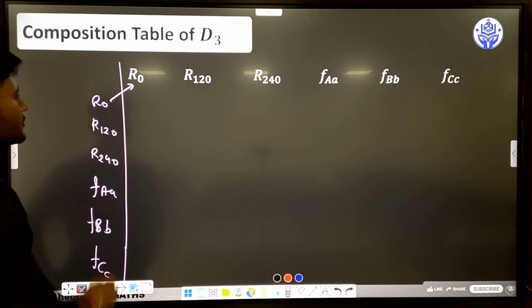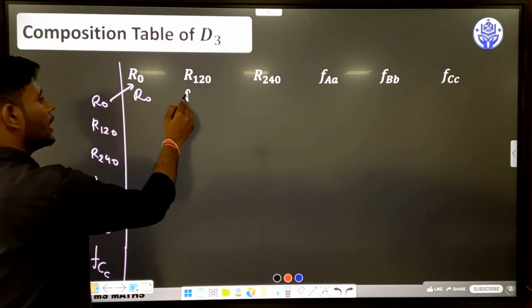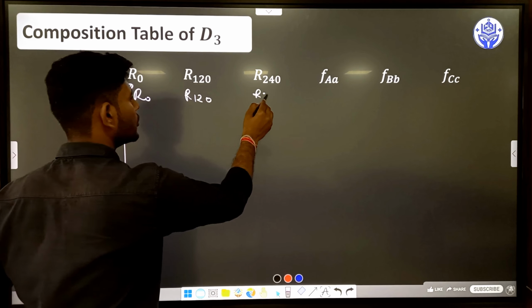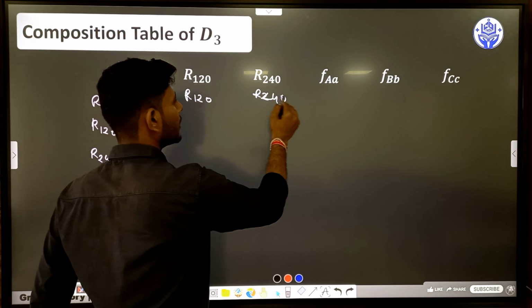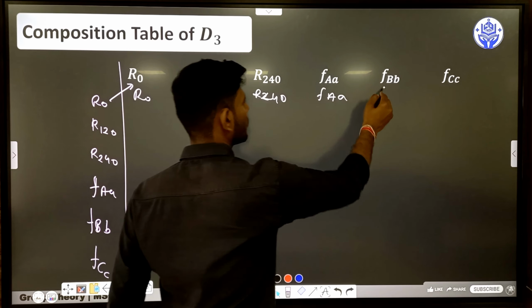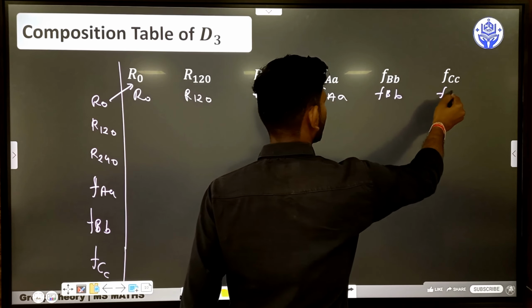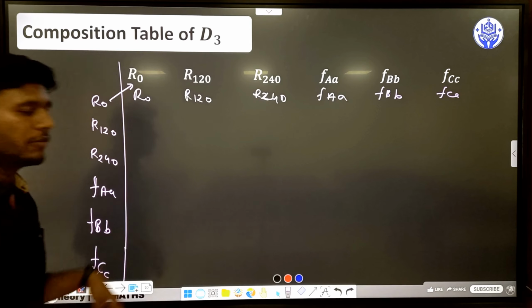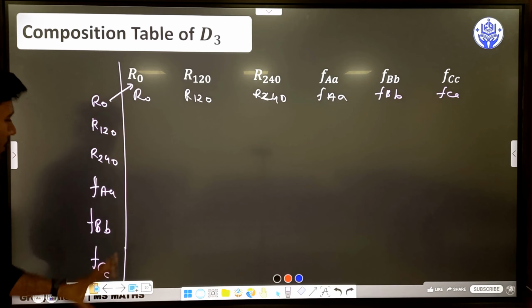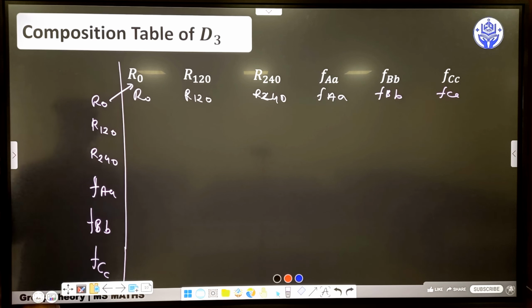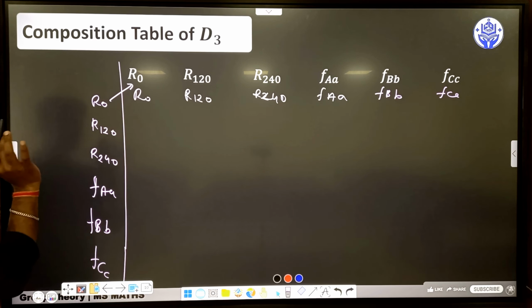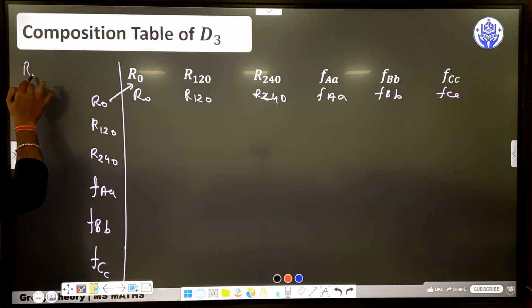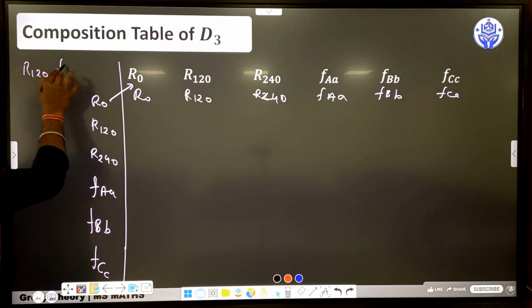This is your R0, R120, R240, and it will be F of AA, F of BB, F of CC. And then you can complete it. This is also your homework. You can just multiply, but remember this thing only. If you are calculating R120 into FAA, start from here.